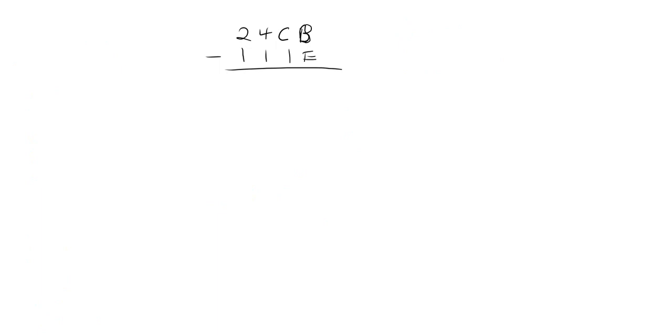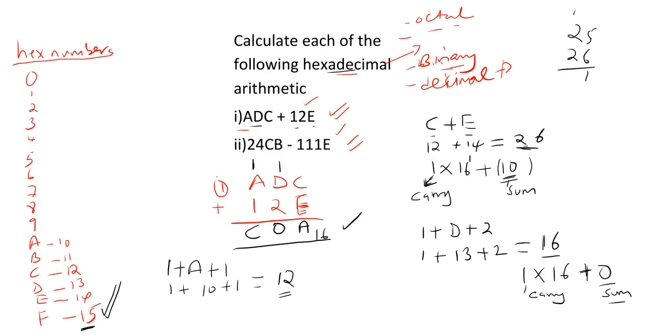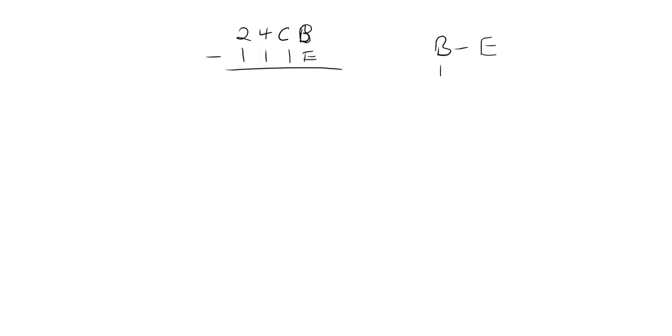So in the first column, we are having B minus E. So let's write the equivalence of this. B is represented by 11 and E is 14.